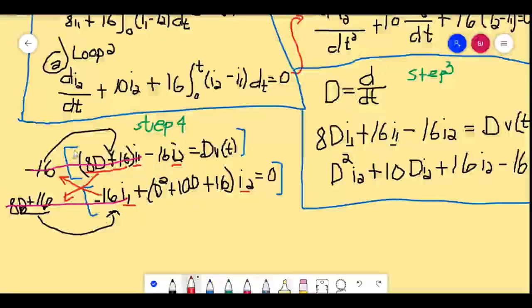So the only thing that we have to do is to multiply 16 with the remaining coefficients here. So the first one, I have negative 16 times negative 16 I2 and negative 16 times dVt. So I will multiply negative 16 first with negative 16. So negative 16 times negative 16, so 16 squared.